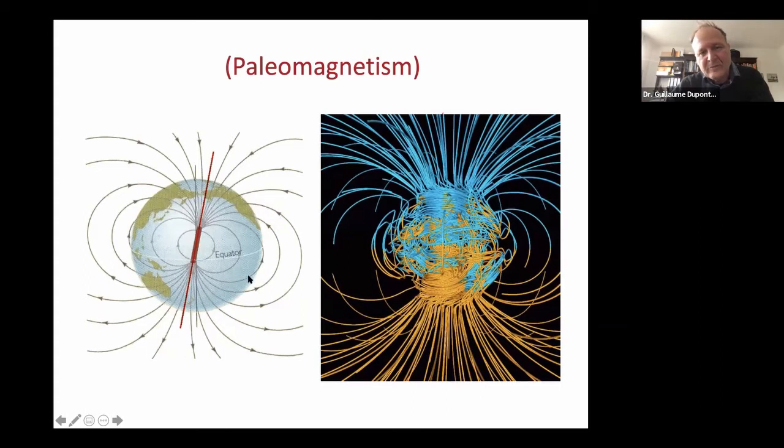And so you can see that these lines show where the North Pole is, and they converge here towards the North Pole. So when you're at the equator, you will have a field that is horizontal, but when you're at the pole, you will have a magnetic field that is more vertical.